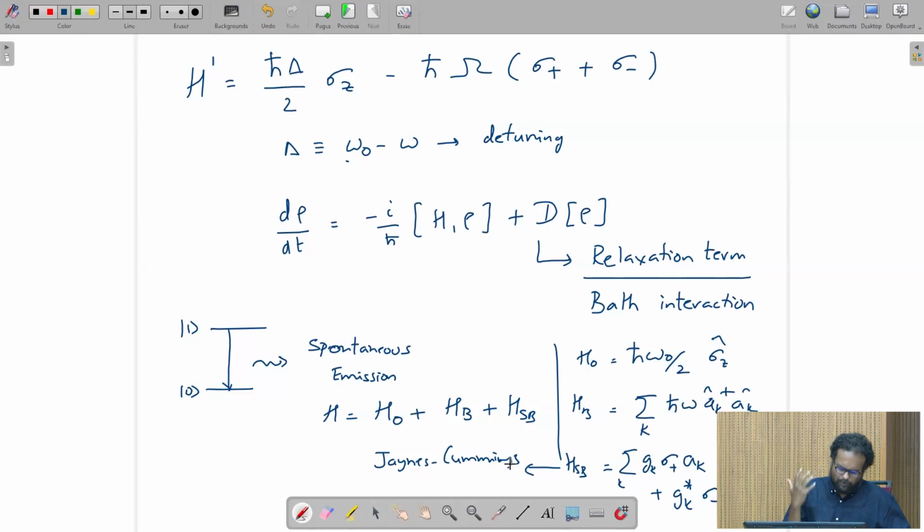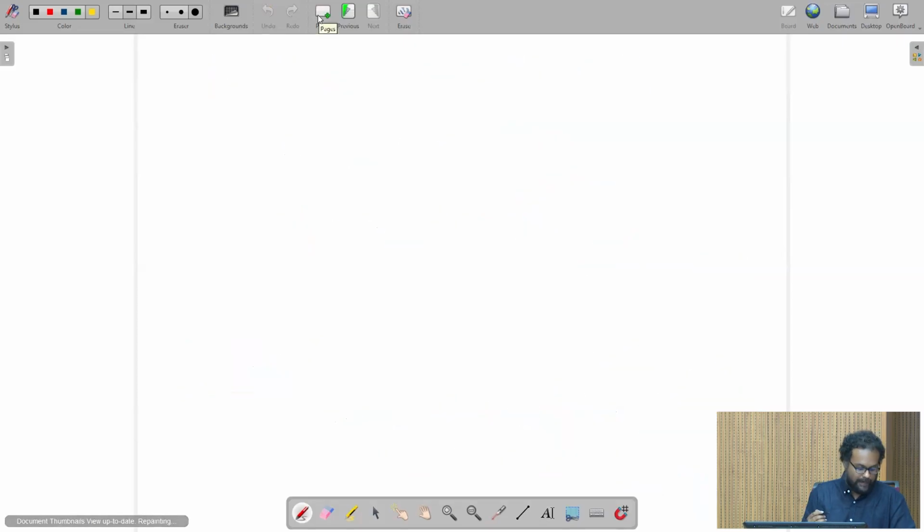Okay, cool. So now from this kind of picture, we should be able to write down this term here. At the end, what matters for us is to understand what is the functional form of this dissipation term. Now, I'm not going to derive this or show this, but I'm going to state this. If you're interested, I can refer you to more advanced texts in this context. This is what is referred to as Lindblad dynamics or Lindblad approach.